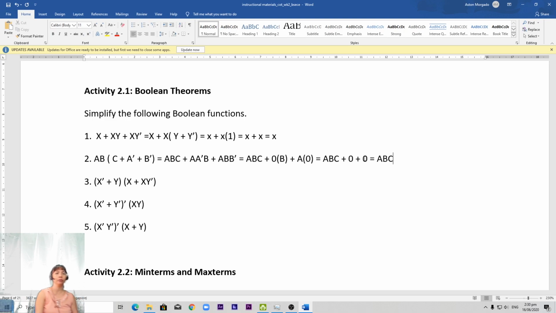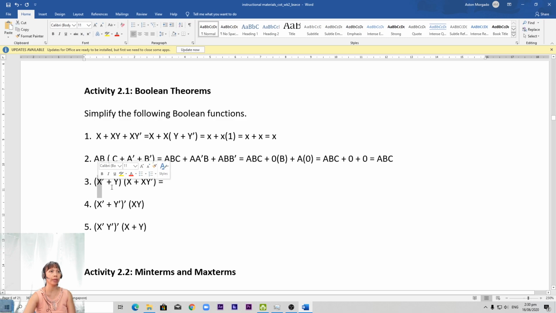Next, how about this one? (x prime plus y) times (x plus xy prime). How are we going to simplify that? We distribute first. We start with x prime.